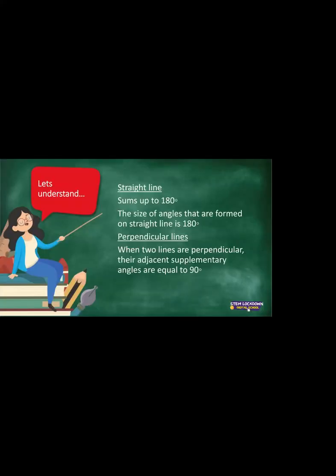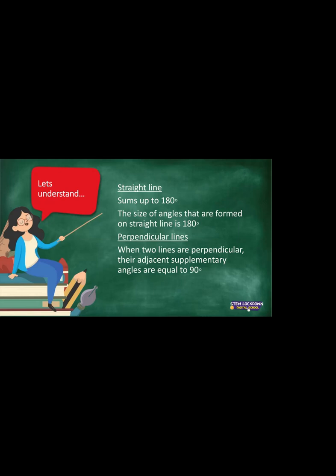So let's define a straight line. So a straight line, guys, sums up to 180 degrees. I hope you have your protractors with you, because on your protractors you can see that at the end or at the beginning, it's written 180. So that's our straight line.